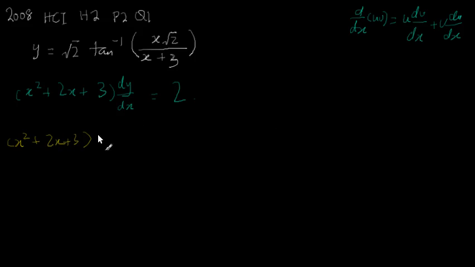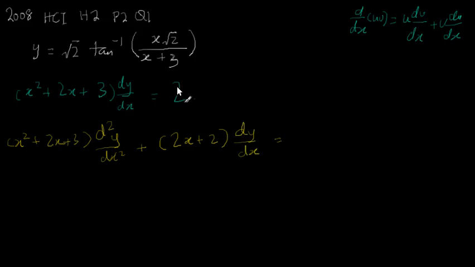So I would keep this one unchanged for a start and differentiate that. So I get d2y/dx squared. And then I would keep that unchanged and differentiate this. This gives me 2x plus 2. And then dy/dx is an unchanged term.